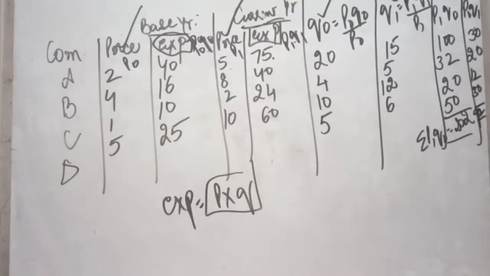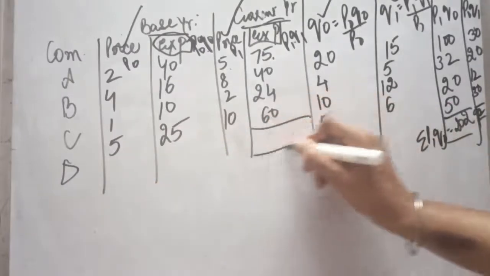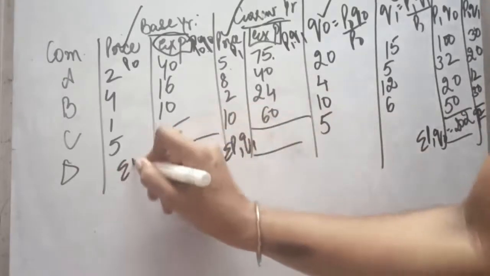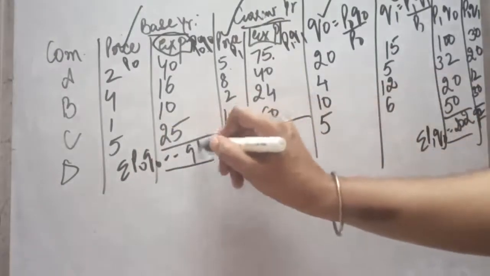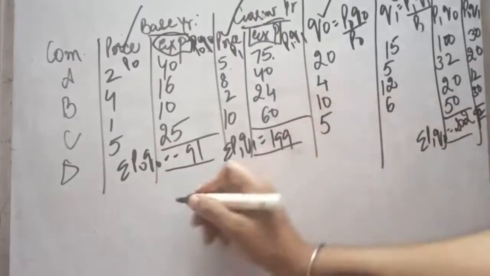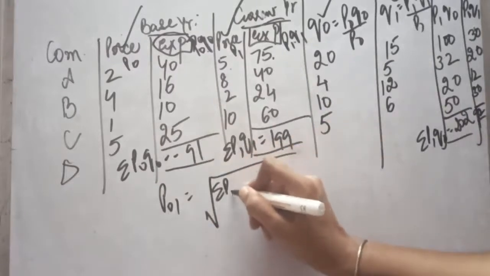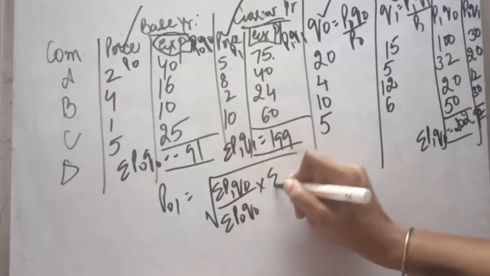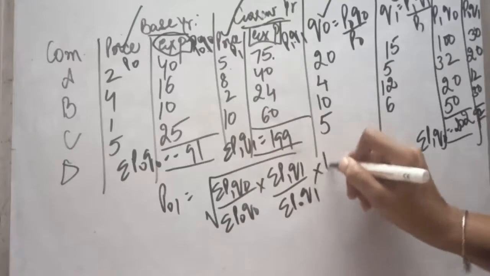Now I will apply Fisher's formula, and all the information is already there. I can add these, so it will be my sigma P1 Q1. When I add this, it will be sigma P0 Q0. Sigma P0 Q0 comes out to be 91, and sigma P1 Q1 comes out to be 199. Now according to Fisher's formula, if we calculate P01, this was the formula, into 100.